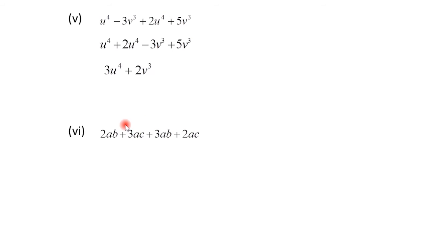Again, you bring forward the 3ab to group with the 2ab, while the 3ac and the 2ac can come after. Like for this example, 2ab plus 3ab plus 3ac plus 2ac. So now 2 plus 3 gives you 5, and you got a 5ab and a 5ac. There it is, 5ab plus 5ac.